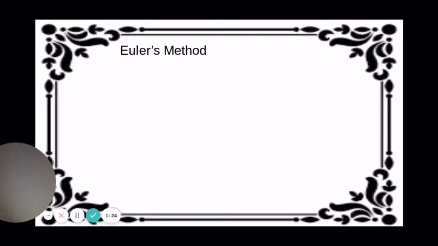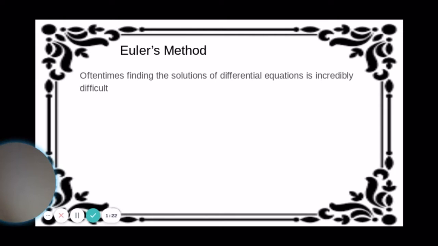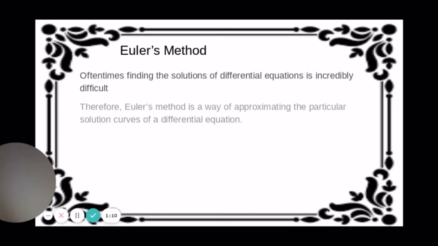Euler's method. Euler's method is a method of finding particular solutions to differential equations, because oftentimes finding the solutions, both general and particular, of differential equations is incredibly difficult, oftentimes impossible. Therefore, Euler's method is a method of approximating the particular solution curves.